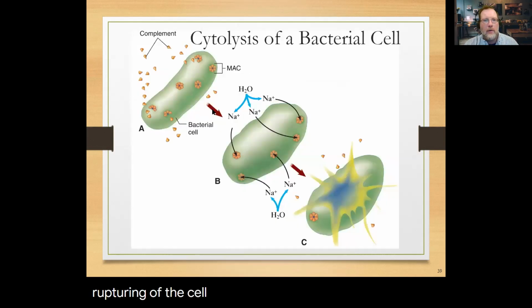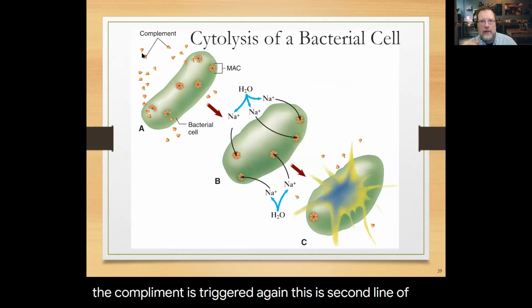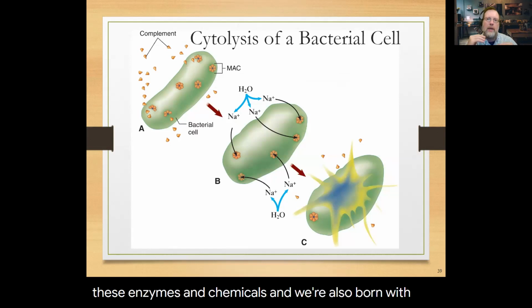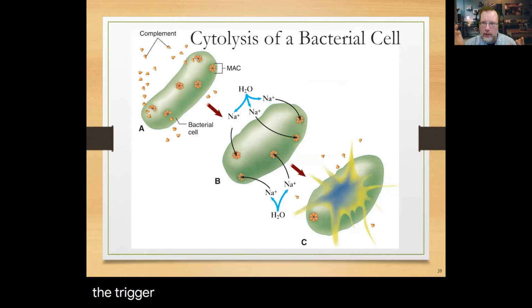We also see with a bacterial cell, when the complement is triggered, again, this is second line of defense. Complement is innate. We're born with many of these enzymes and chemicals, and we're also born with the triggering ability of the complement.